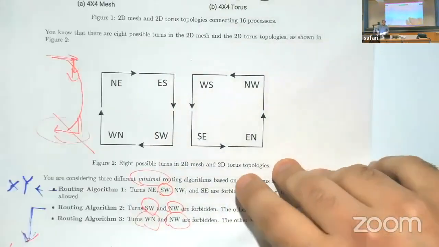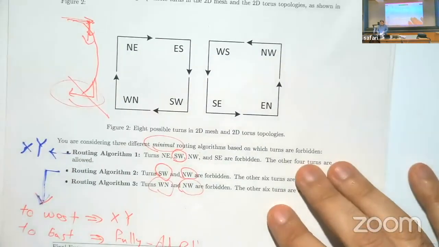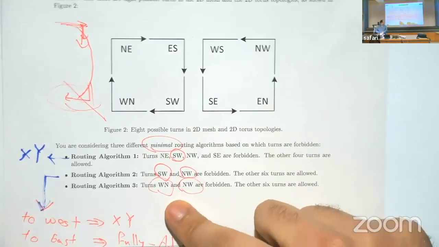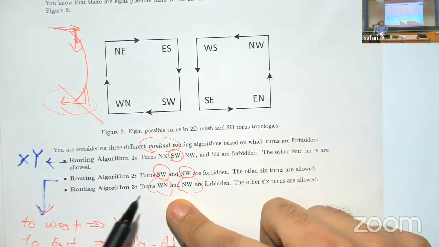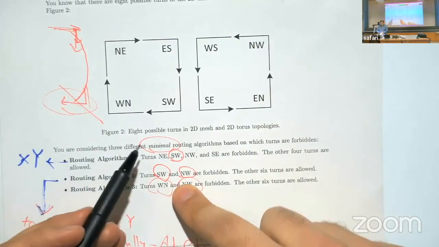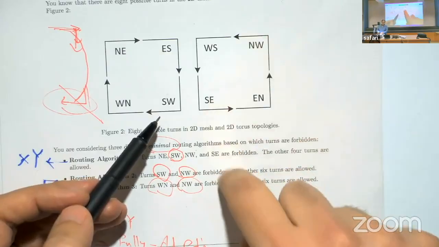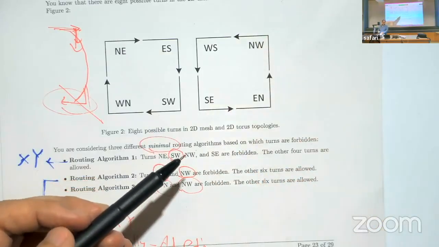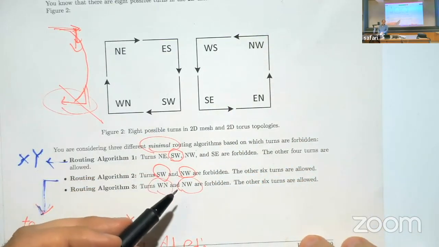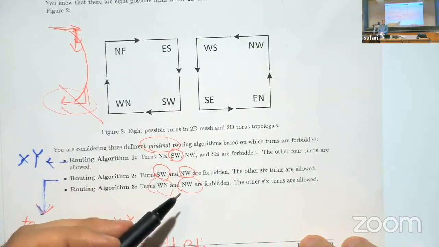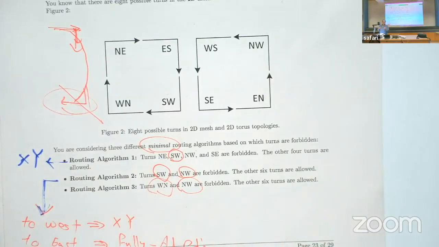mean, for a specific routing algorithm 2, the turns that are forbidden are southwest and northwest, and they are contributing to the rightmost edge. I'm considering that because I want to make a proof, right?